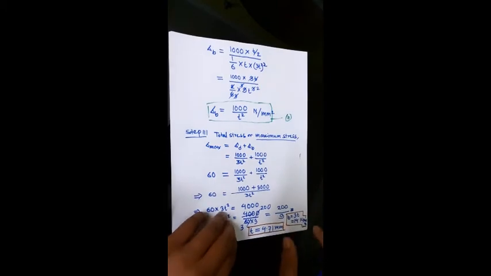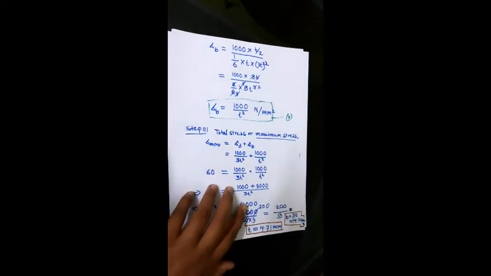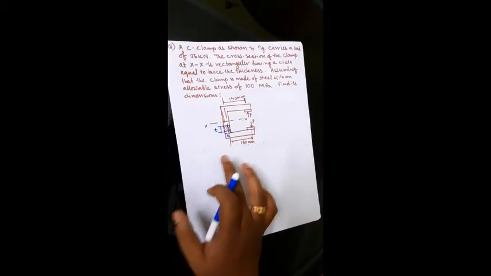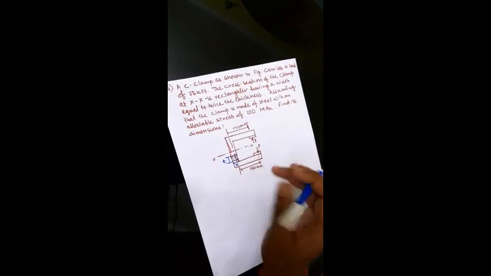Now we will be solving another problem, and that problem will be for a C clamp. So let's start that problem. For the C clamp, first we will see the problem.